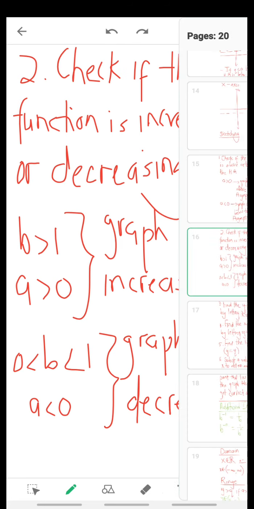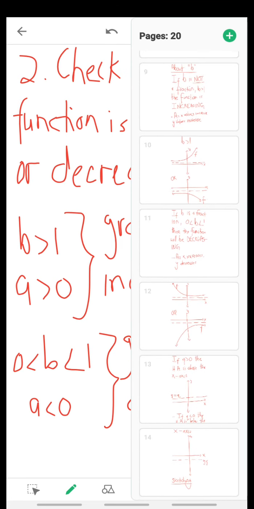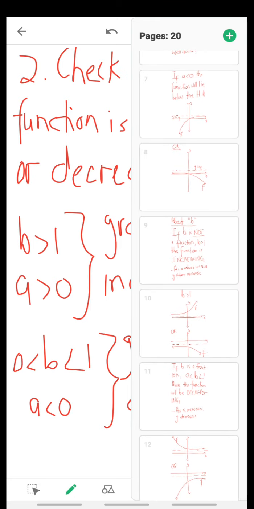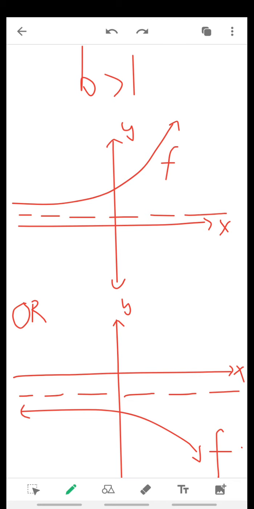Okay, and what I would like you to note is that when you look into these functions here, where we said if b is not a fraction, these are mirror images of each other. So it means if this function is an increasing function, then also its mirror image, which is this part here, will be an increasing function.